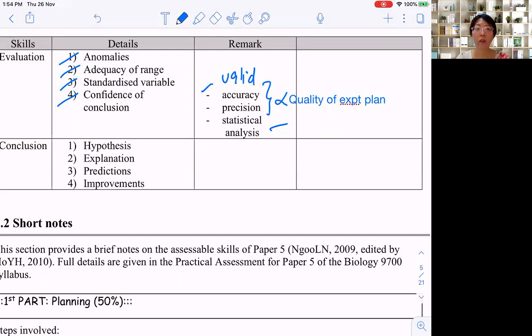Valid means you're measuring what you want to measure. You're showing what you want to know. Okay, valid.